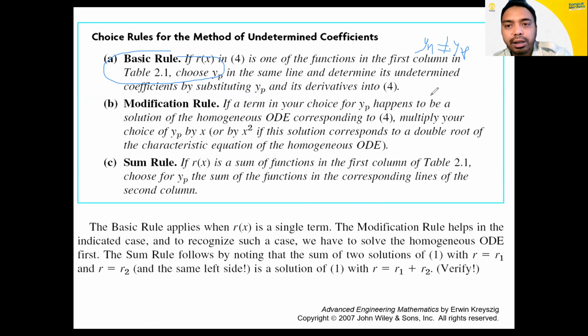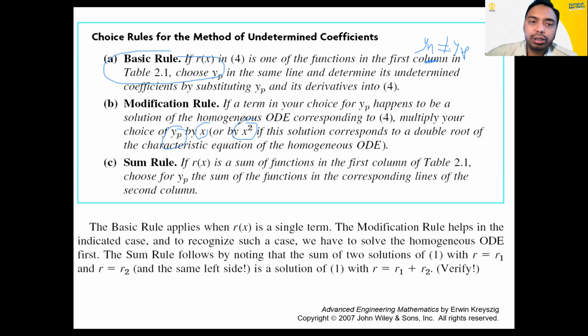But if you see that y_h, the solution for the homogeneous, happens to also be a solution for the non-homogeneous, then you have to multiply y_p by x or x squared, so that it is not going to be the same as the homogeneous solution. So they have to be independent solutions, so you have y1, y2, y3, y4, and so on as independent combinations, independent bases.